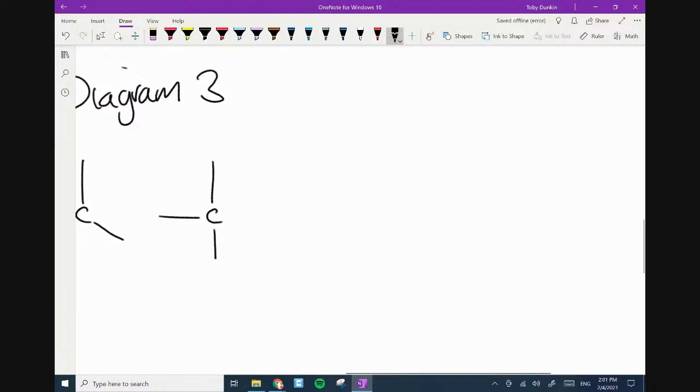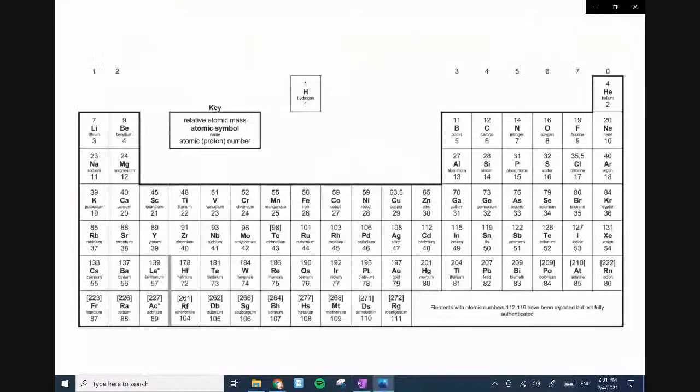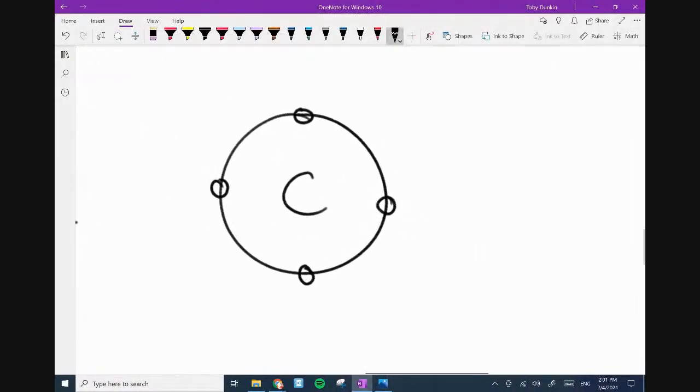So carbon has 4 electrons in its outer energy level. We know this because of my gorgeous, beautiful periodic table. Carbon is in group 4, so it has 4 electrons in its outer energy level.